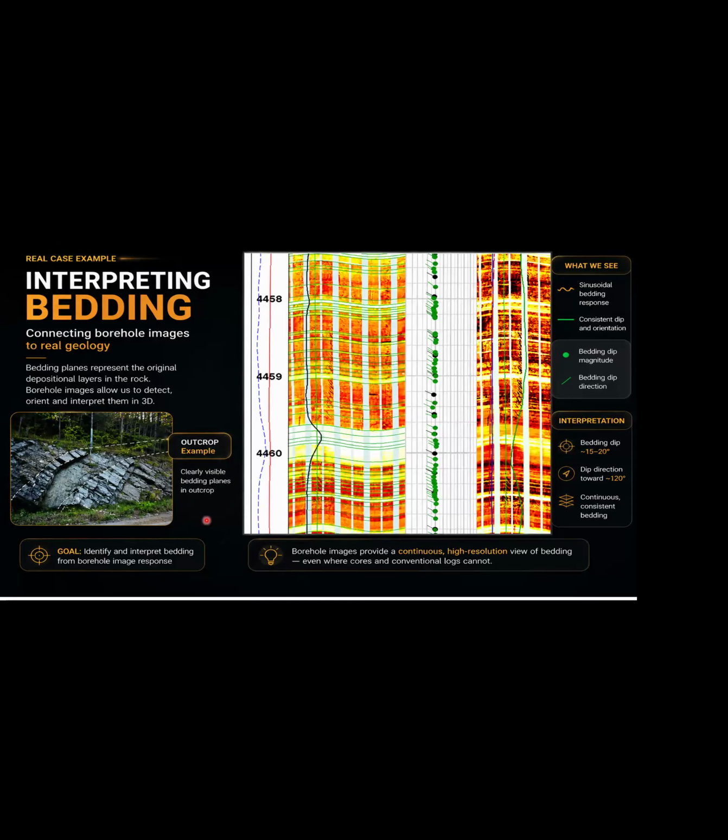So picking bedding is important as a first quick look to understand the structural dip. This structural dip will be integrated with the seismic dip as well. Seismic is good, but the resolution is coarse.